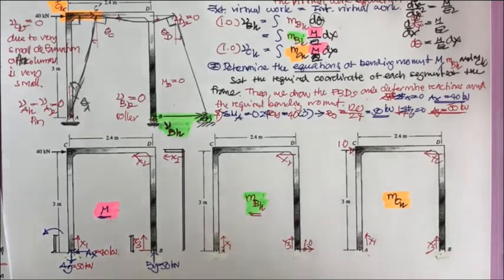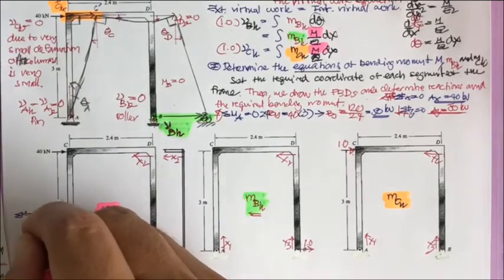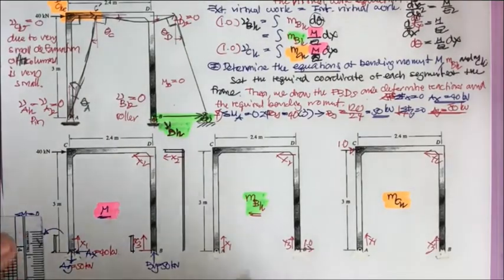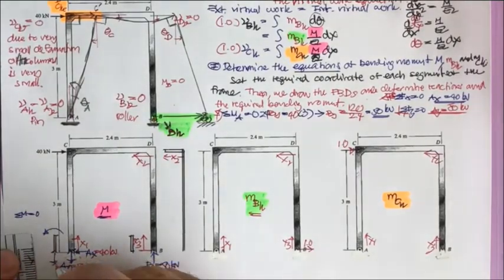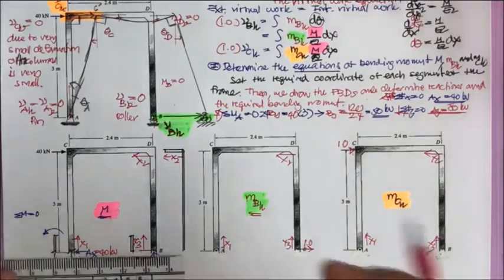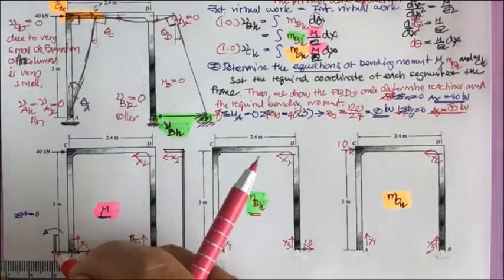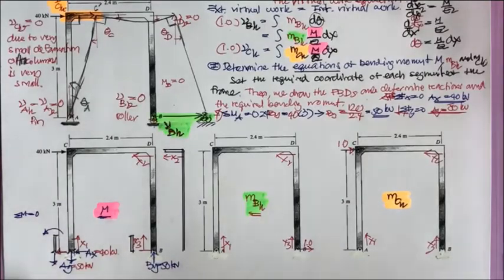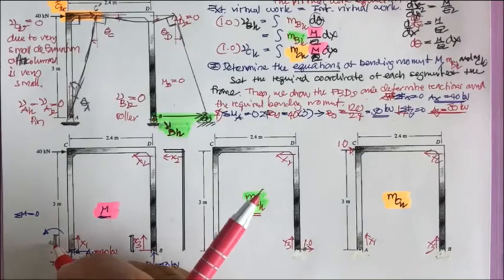Okay, and if you have this one, summation of moment equal to 0, and then you get the force here of 50 kilonewton, and then you get the force here of 40 kilonewton. Okay, this is 40 kilonewton, and this is x1.